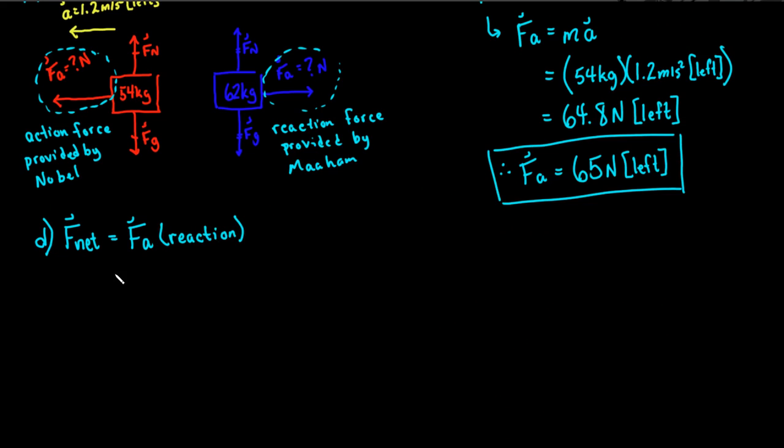But what you have to remember is that reaction is going to be equal in magnitude to what we just determined. So it's going to be equal to 64.8 newtons. But instead of going in the left direction, it's going in the right.